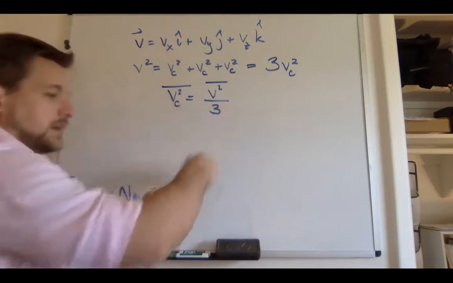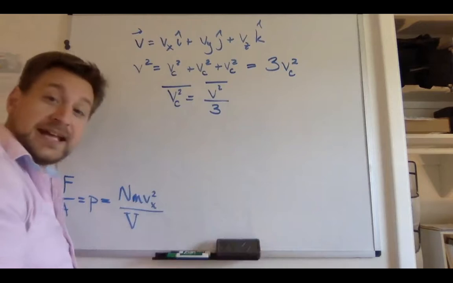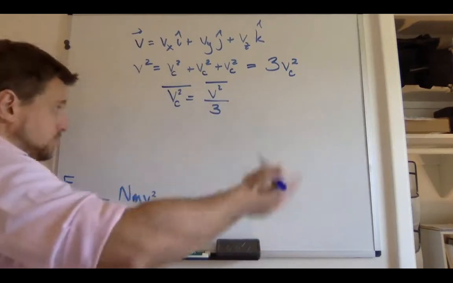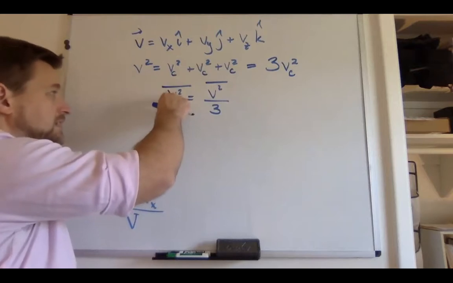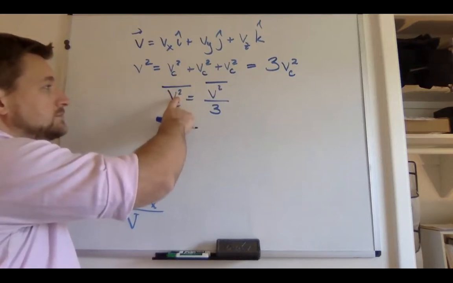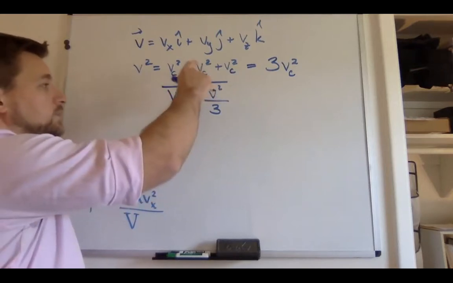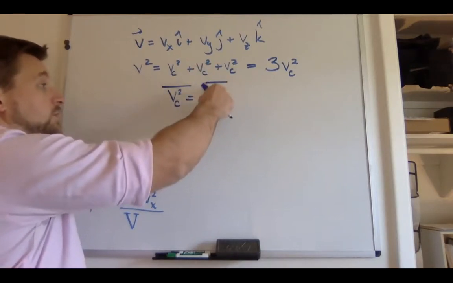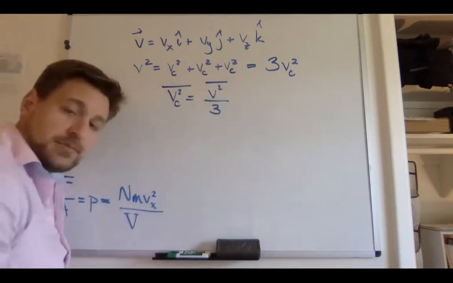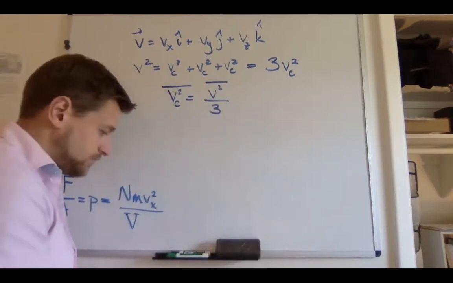All right. On average, the molecules might have different speeds. So let's take an average of the square component speed. And we're going to end up taking an average of the actual total square speed and dividing that by 3 because we've got three directions.